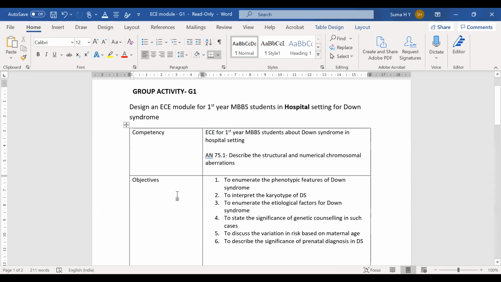So the ECE topic assigned for G1 is the ECE module for first year MBBS students in a hospital setting for Down syndrome.